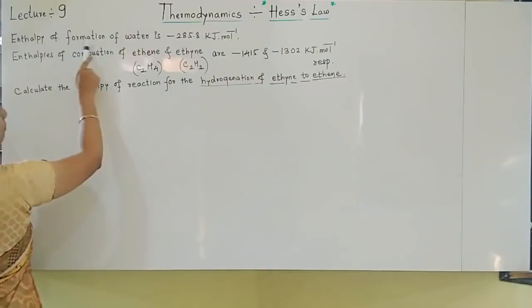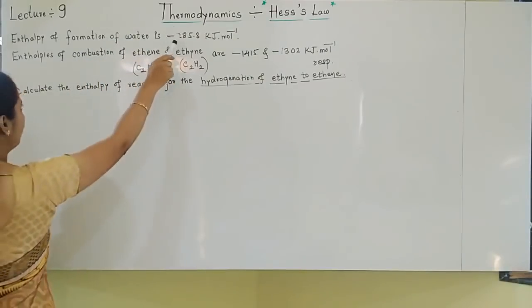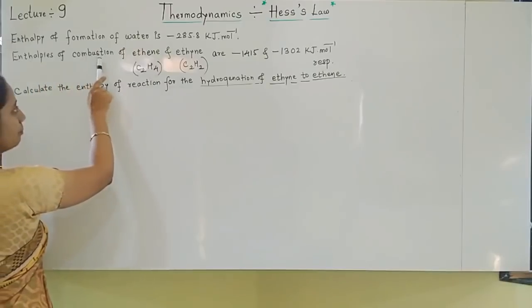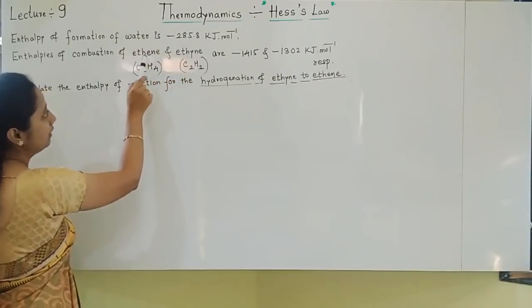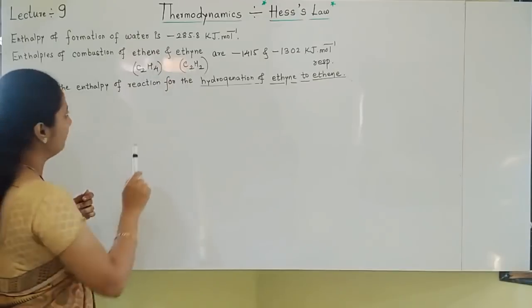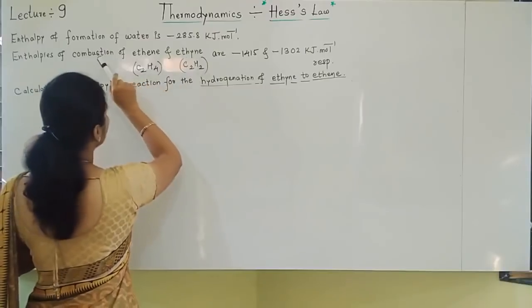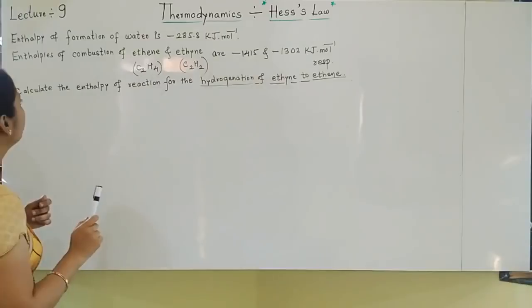See here, enthalpy of formation of water is given, write equation for formation of water, value is given. Next, enthalpies of combustion of ethene and ethane, formulas I wrote here. Ethene means what, ethane means what. Okay, I have written, see here, both undergo combustion, values are written, write down the equations for the same.